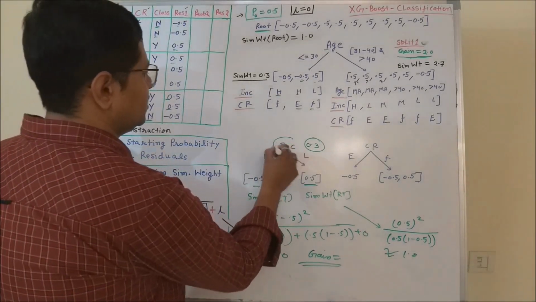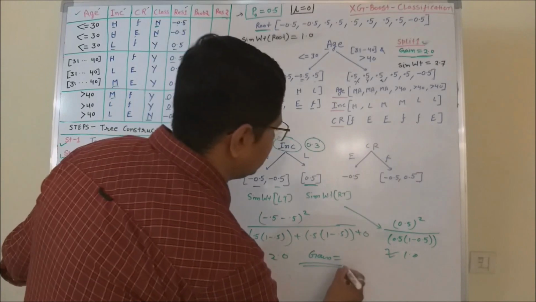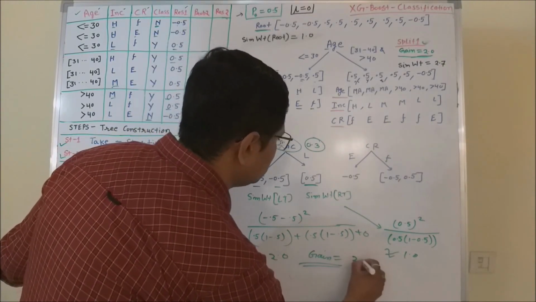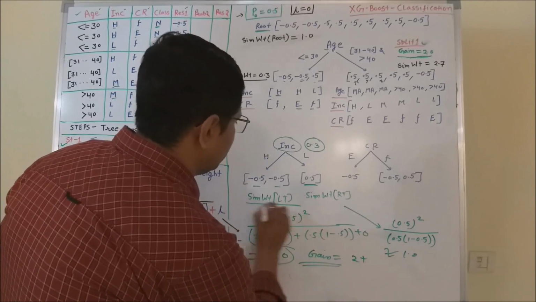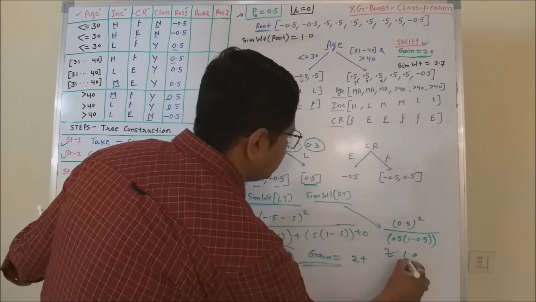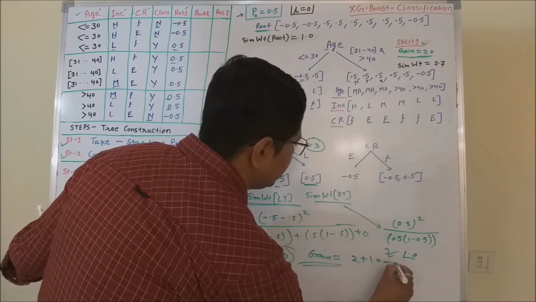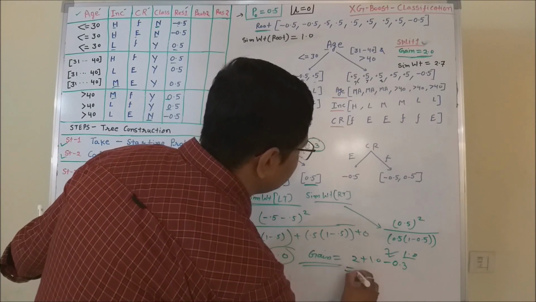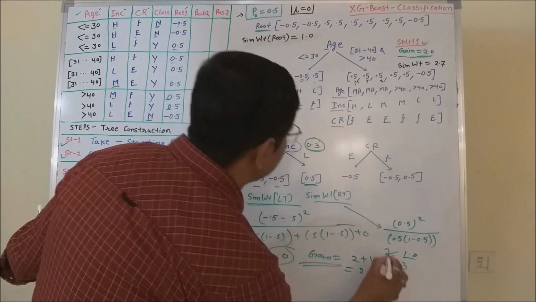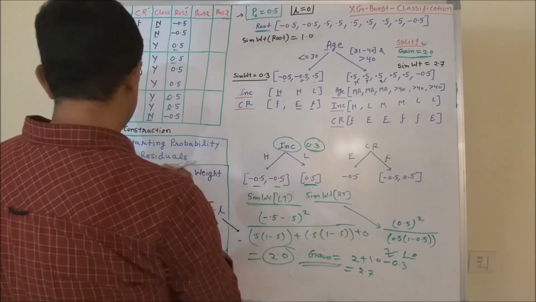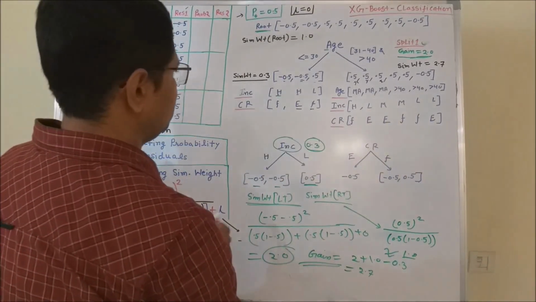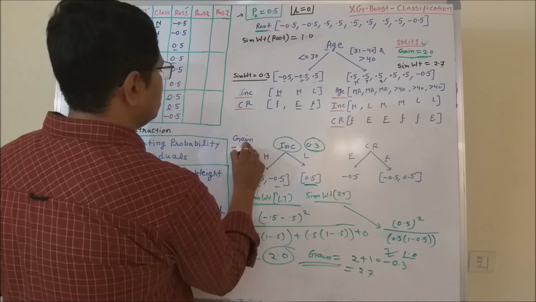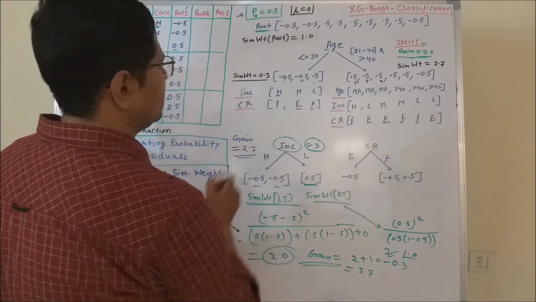So here this will be the root. In that case, your gain will be equal to 2.0 for the left subtree, 1.0 for the right subtree, minus the root, that is 0.3. So it will be around 2.7. So once you consider this breakup, the gain will be equal to 2.7.